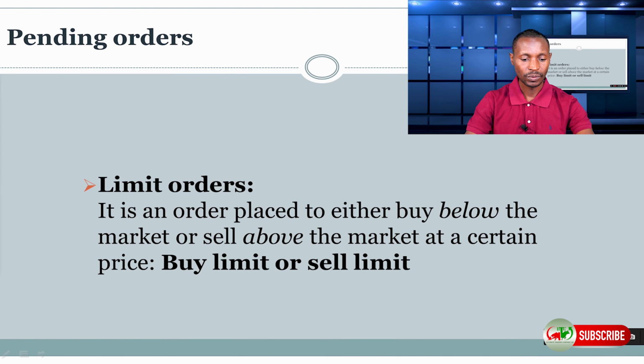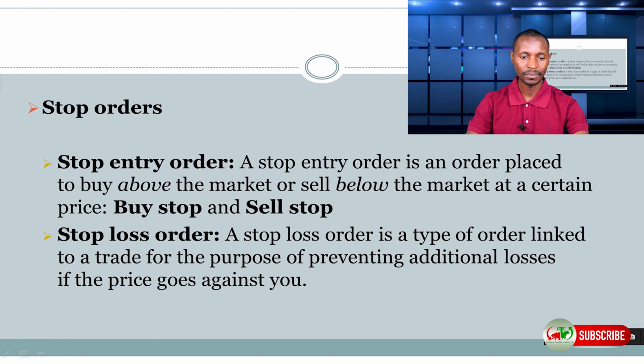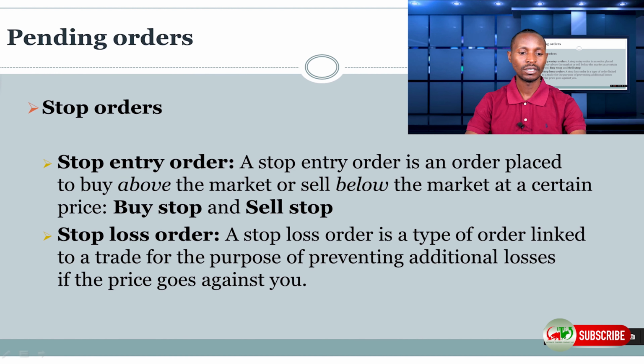Let's continue with the next type of order. It is what we call a stop order. Unlike a limit order, stop orders also have different types. There is a stop entry order and a stop loss order.